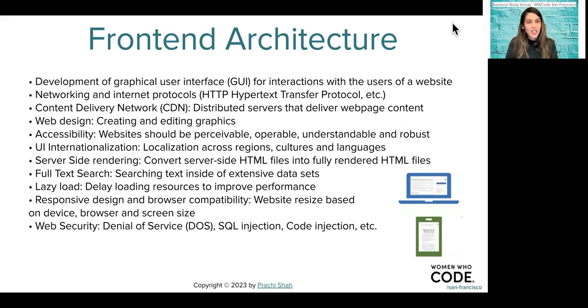UI internationalization. Basically your site should support localization across regions, cultures, and languages. One good example would be Amazon.com: if I'm clicking on Amazon.com from the United States, the content would be rendered based on the region I am in.